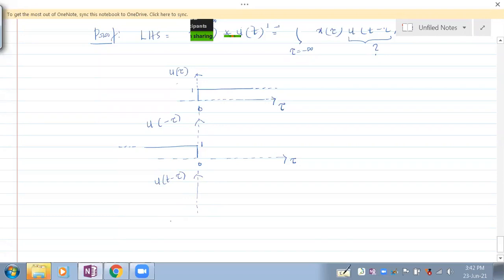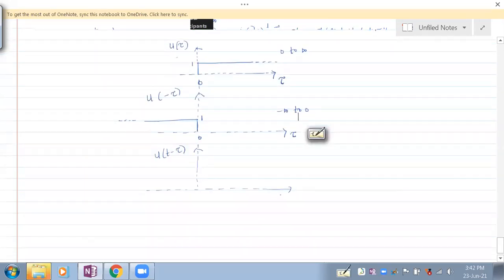Can you tell me what u of t minus tau is now? The range of u of tau is 0 to infinity. The range of u of minus tau is minus infinity to 0. So what is the range of u of t minus tau? Answer please.